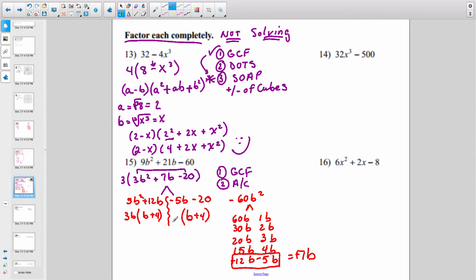What factor can we take out of these two terms that would leave us with b plus 4? That would be negative 5. So we combine the common factors on the outside, 3b minus 5, so that we only have to write this factor once. And of course, don't forget to bring down the 3. This is the factored form. Again, not solving, just factoring. There it is.